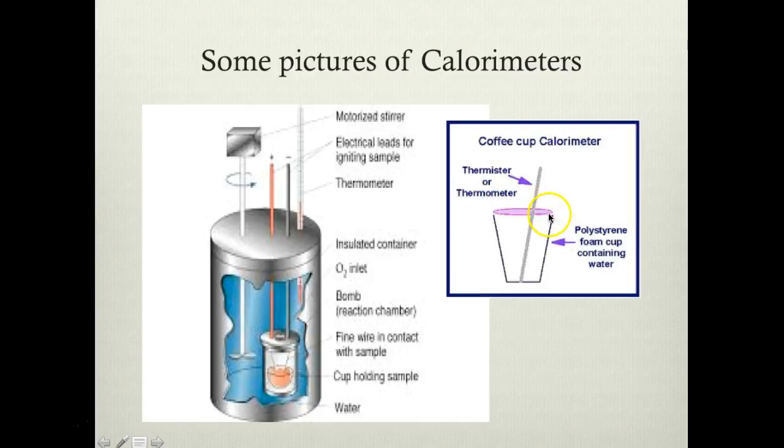Now, if you have a lid on top of this coffee cup, then of course it's a closed container. And then you can again do the same thing, have the reactants dissolved into water, and then make a little hole in the top of the lid and stick a thermometer in here.